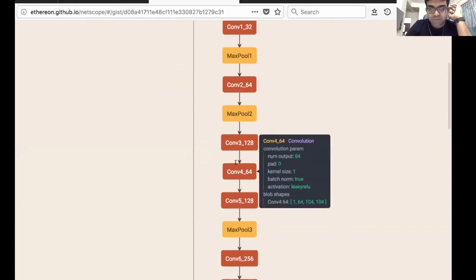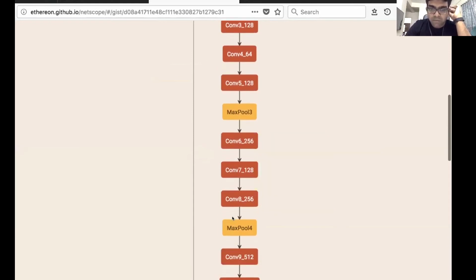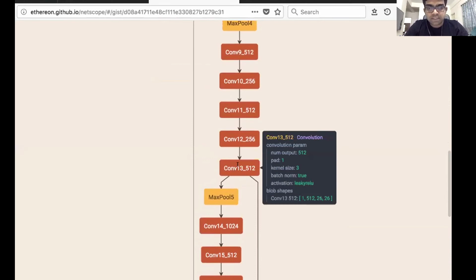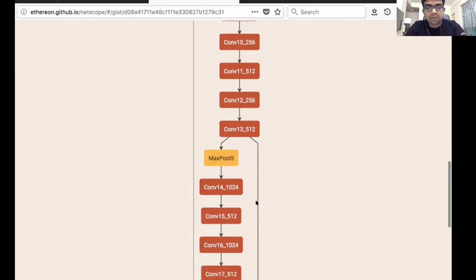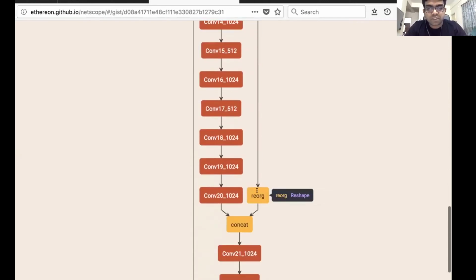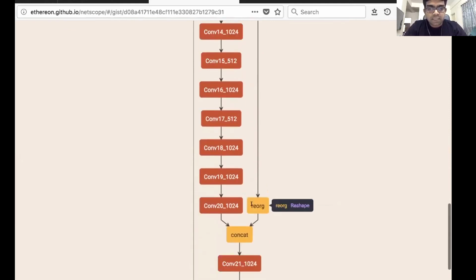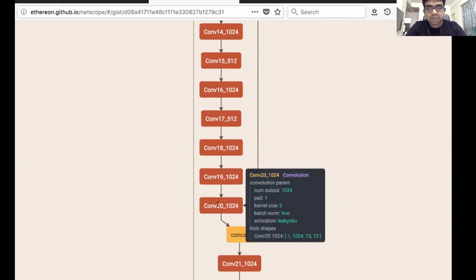This is a very straightforward network, but what I want you to observe here is that after convolution layer 13, which has filters of 5 and 2, we have a branch which is going to a reorganization layer. I'm going to explain what a reorganization layer is. The output of the reorganization layer is concatenated with the convolution 20 layer.